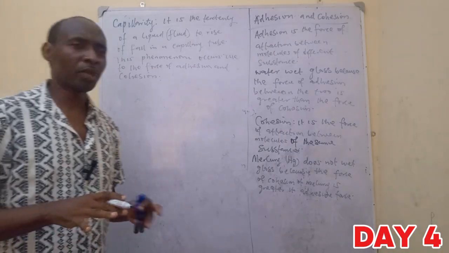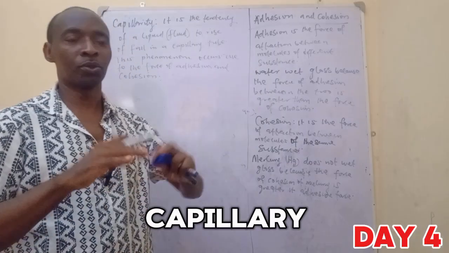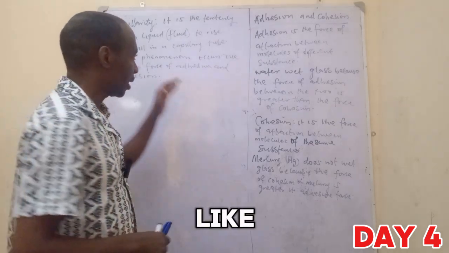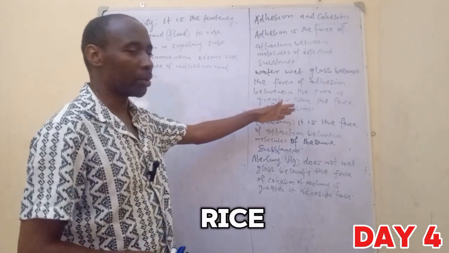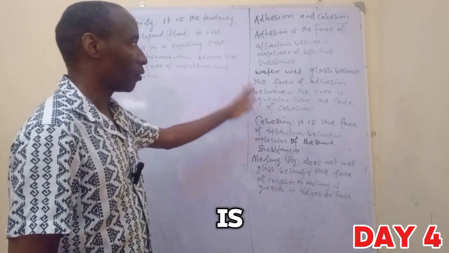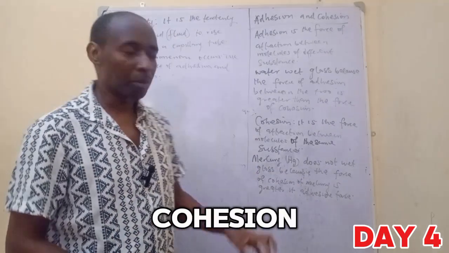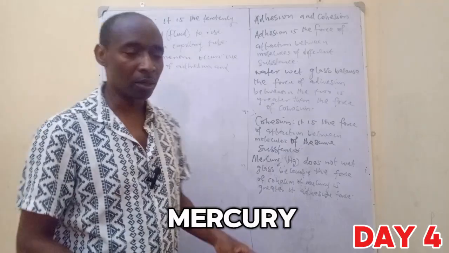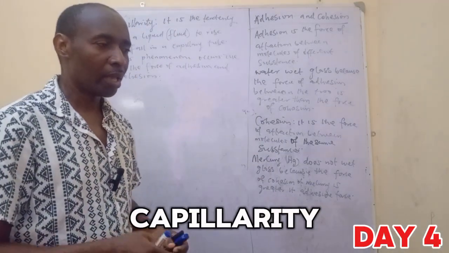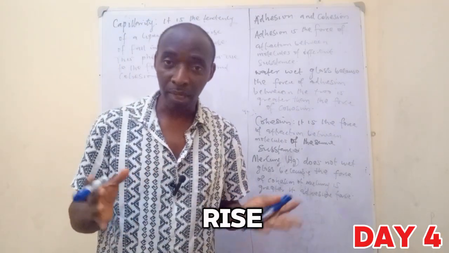So let's look at some practical examples or situations where capillarity takes place. But before we look at that, just like we said water wets glass because the force of adhesion is greater than its force of cohesion, then mercury does not wet glass because the force of cohesion between molecules of mercury is greater than its force of adhesion. In capillarity, there are some liquids that rise in the capillary and some that do not.